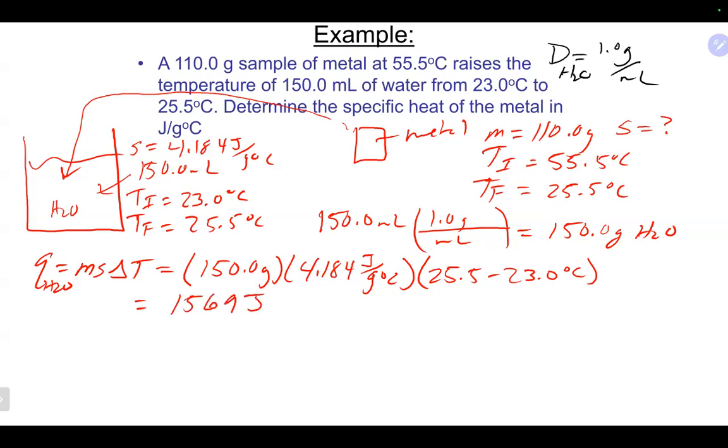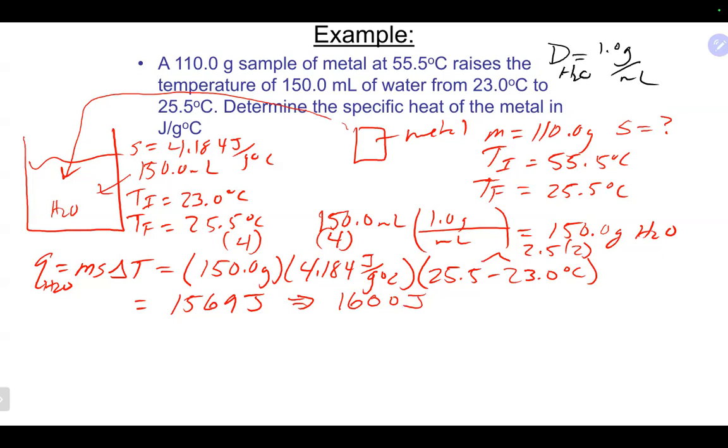If we're looking at sig figs at this point, we got 4 sig figs. And when we do the subtraction here, that is 2.5, which is actually 2 sig figs in this case, which means really this should probably end up somewhere at 1600 joules at that point. Any questions on that there?